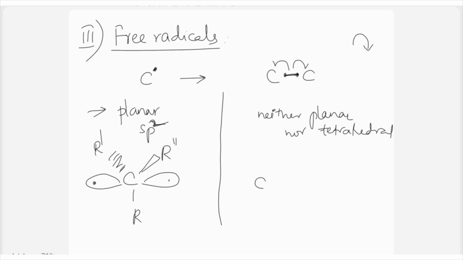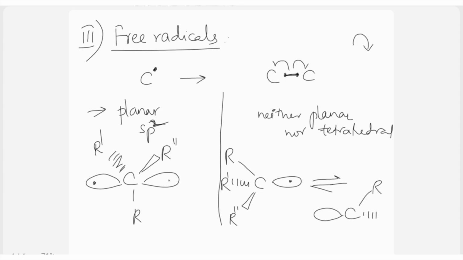Or it could be neither planar nor tetrahedral, which indicates it is pyramidal, this way, or this way. It always stays in a dynamic equilibrium, which moves continuously from one form to the other.